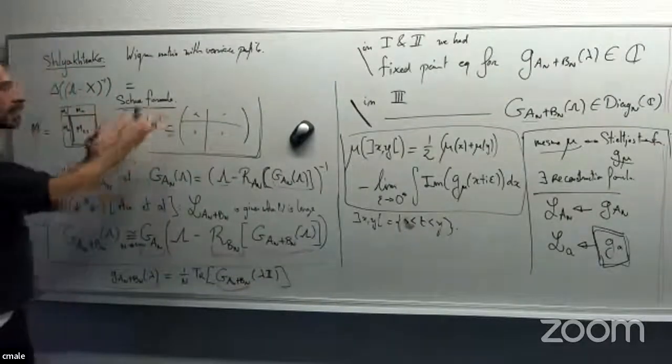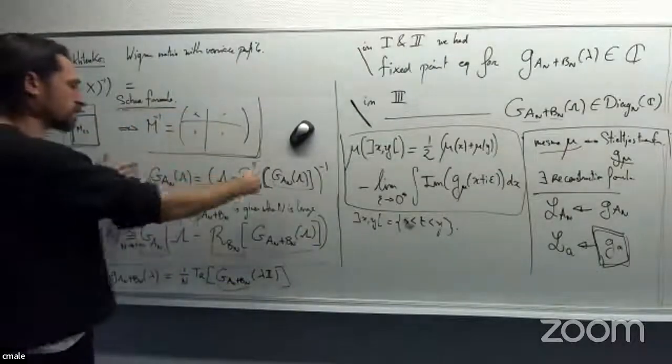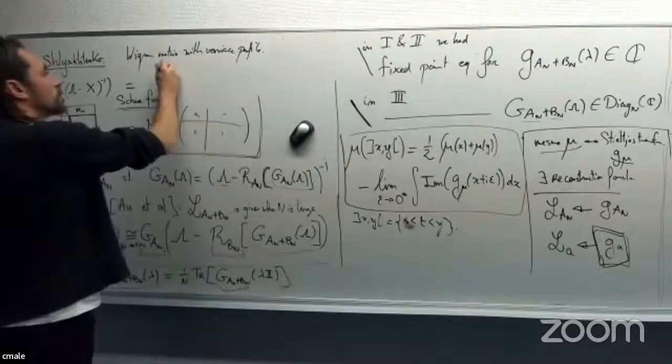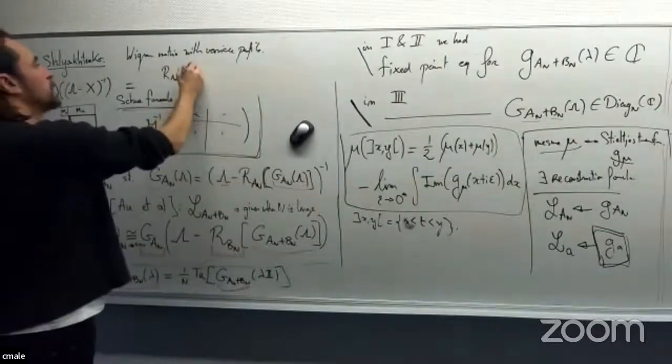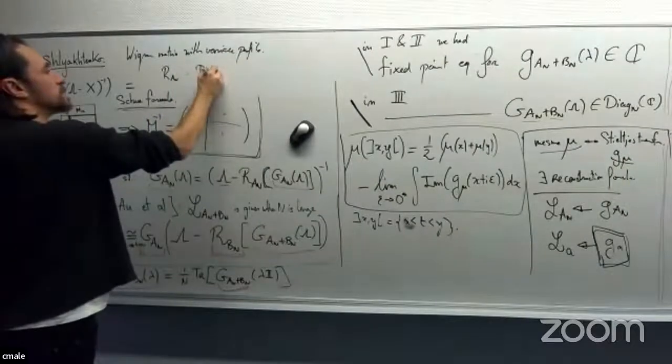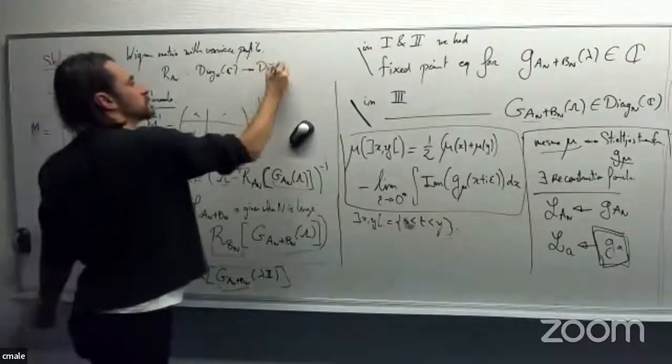Then you use concentration, and you need to understand how these things behave to understand that this R transform, R of A_N, will be a linear map, but a linear map from the diagonal matrices to the diagonal matrices.